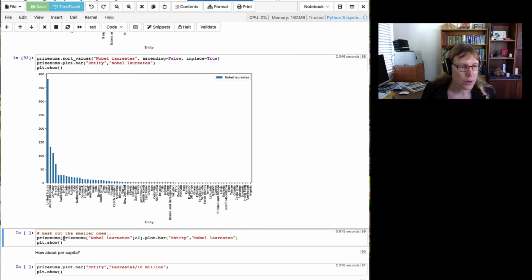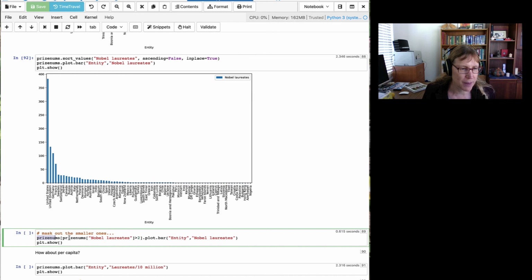Okay, so firstly I'm getting out the Nobel laureates column. I'm extracting the Nobel laureates column, which we know gives us a series. Then I'm going to compare that with 2, and that's going to give us a Boolean series. Okay, so it's going to be true for all the ones in that series that are greater than 2.